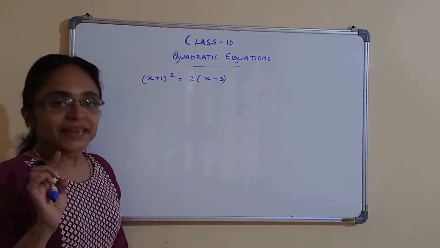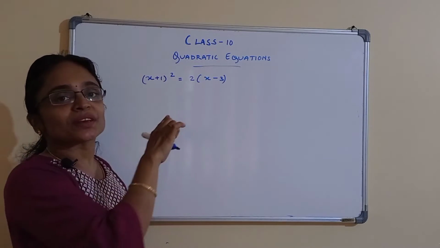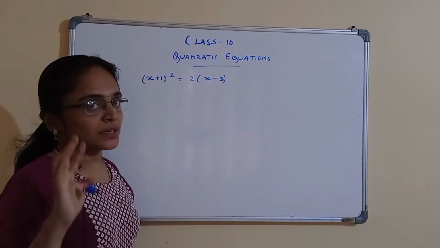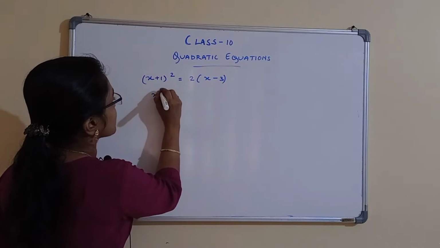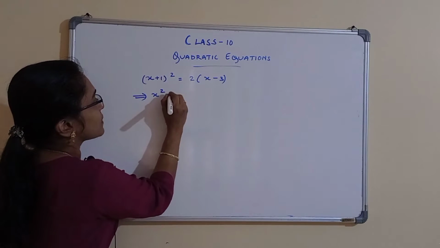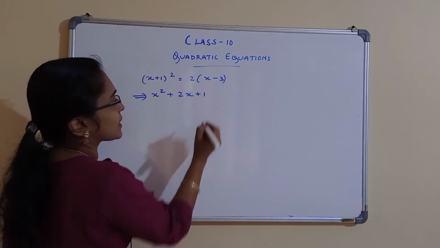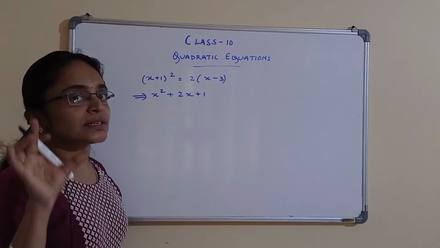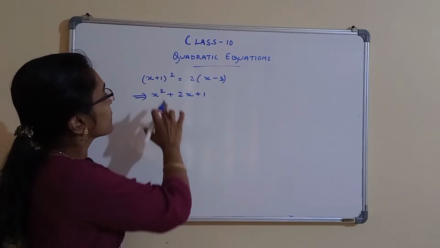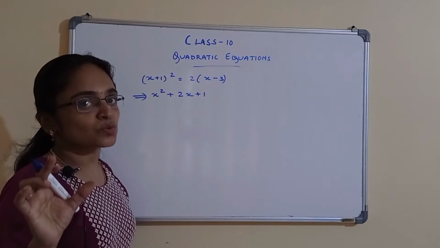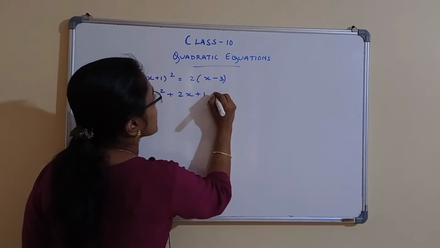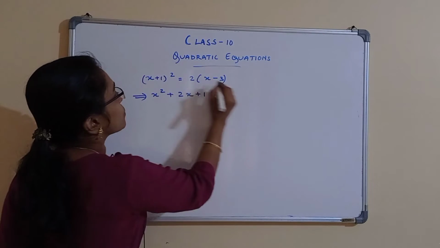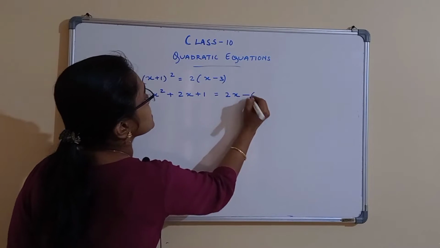Understood? Next one, (x + 1)² = 2(x − 3). You have to check whether this is a quadratic equation. So, expanding this, (x + 1)² is x² + 2x + 1. (a + b)² is a² + 2ab + b². So this is x² + 2x + 1 = 2x − 6.